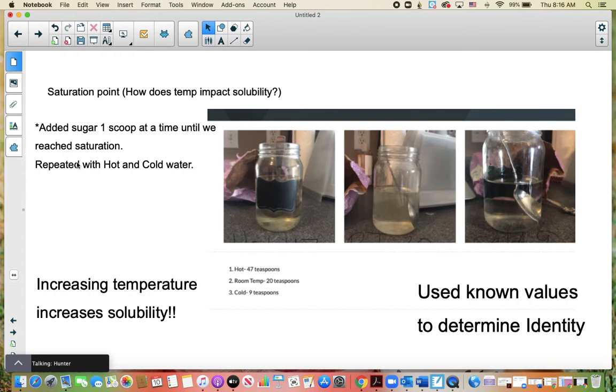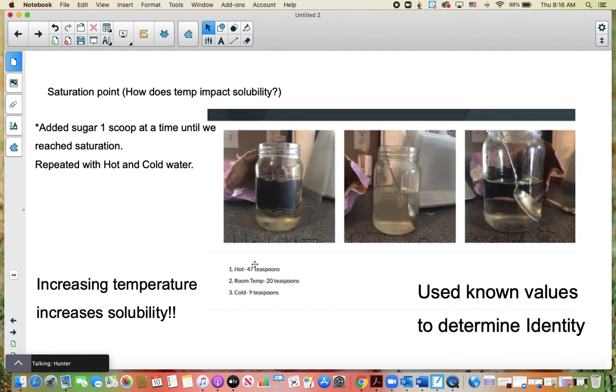We took room temperature water, cold water, and hot water, and we tried to reach the saturation point. So that solubility is what we were calculating. We were calculating how soluble this solid is. Once again, once we determine the solubility, we can use known values to determine its identity. So again, same kind of strategy, just a different way to get to it.